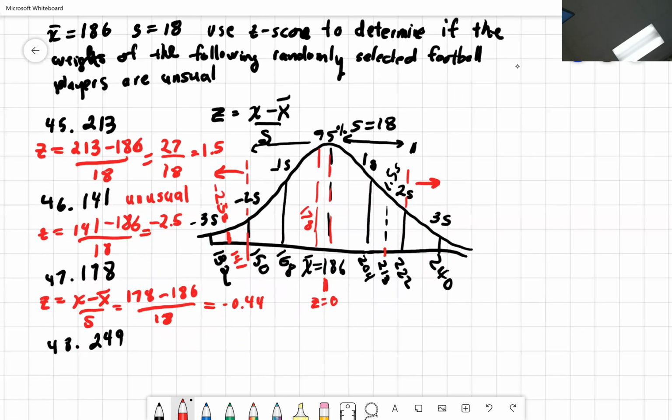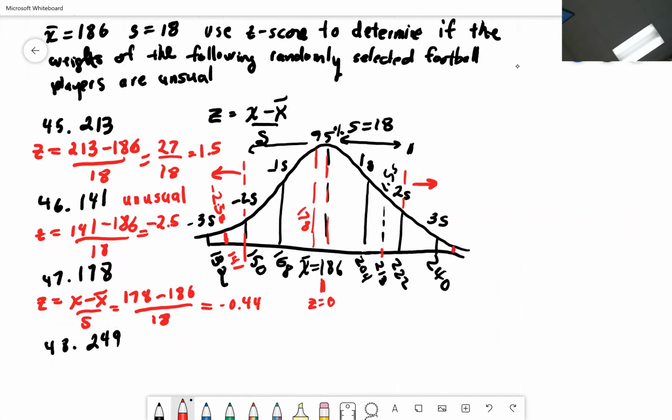And the final one, which we know is going to be somewhere over here, you could already tell it's unusual. X minus x bar divided by s is 249 minus 186 divided by 18. Of course, it's a positive z-score. But 249 minus 186, divided by 18, we have 3.5, 3.5s all the way out here. That's what the z-score means.